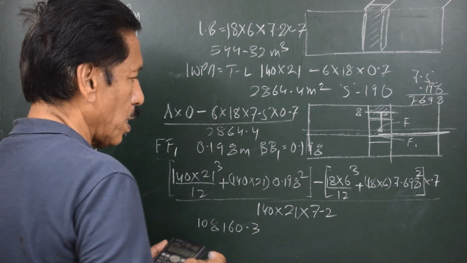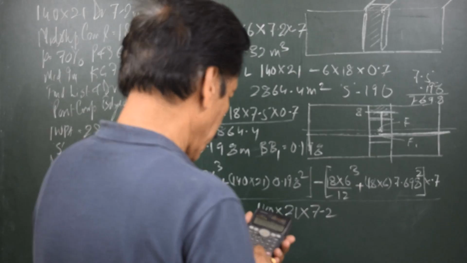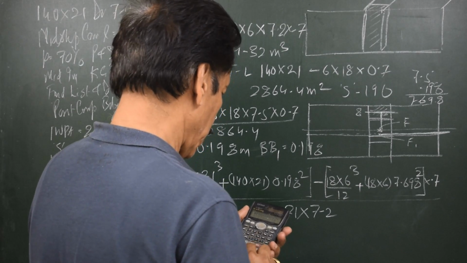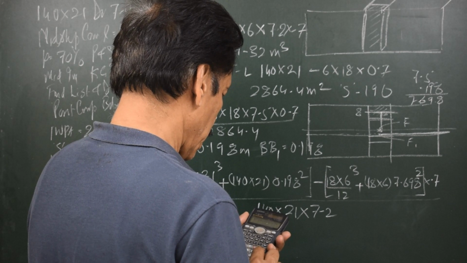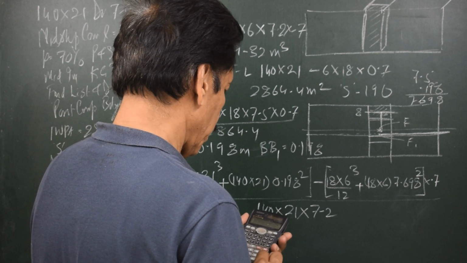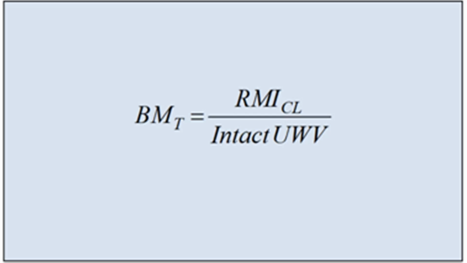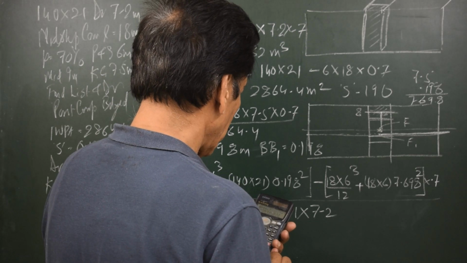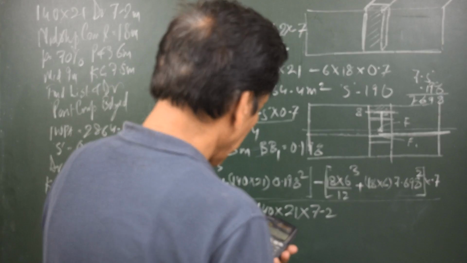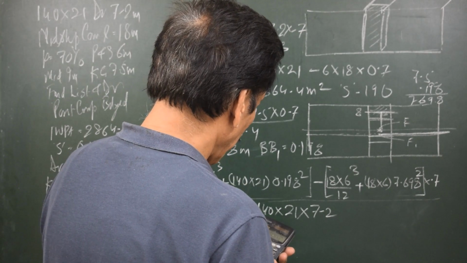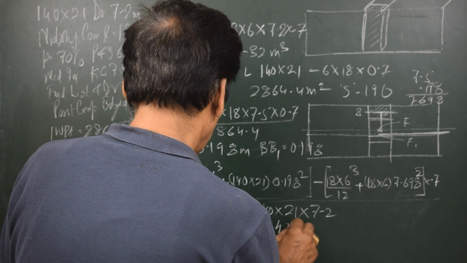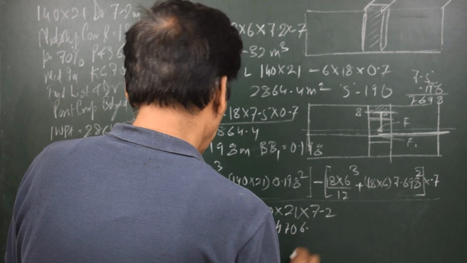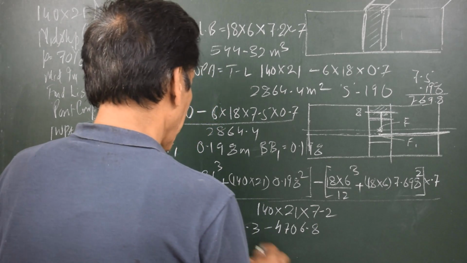Let's solve this part now. 18 into 6 into 36 divided by 12 plus, in the bracket, 7.698 square. That gives me 4706.8.